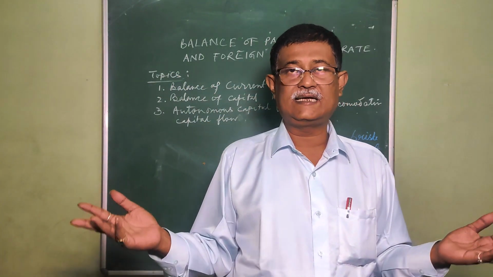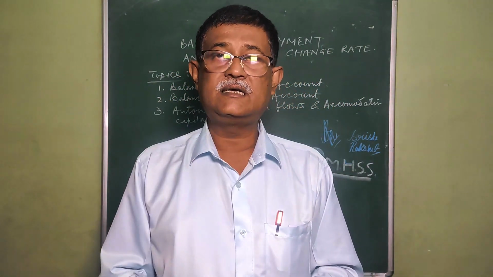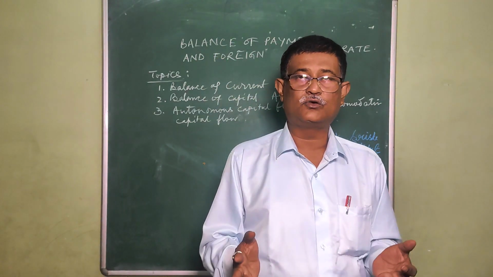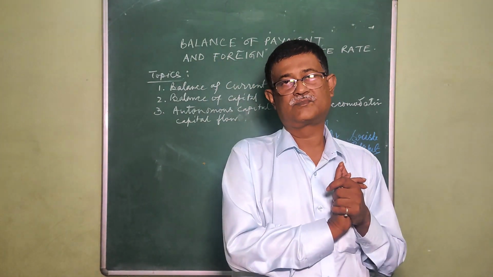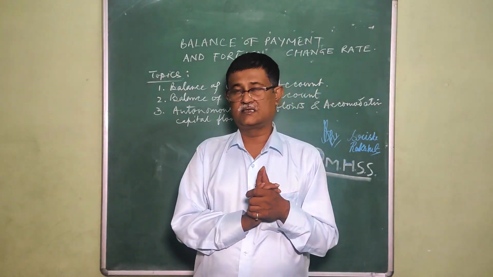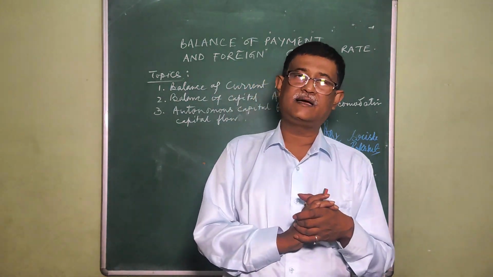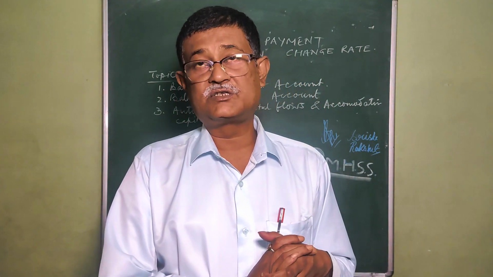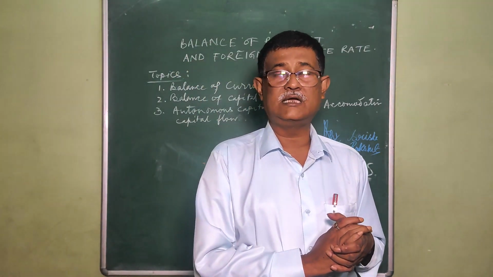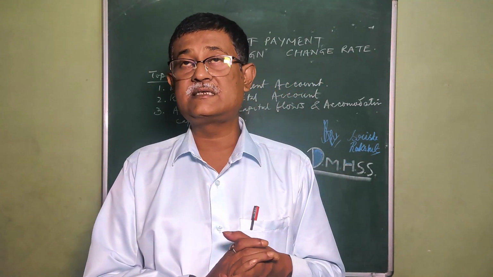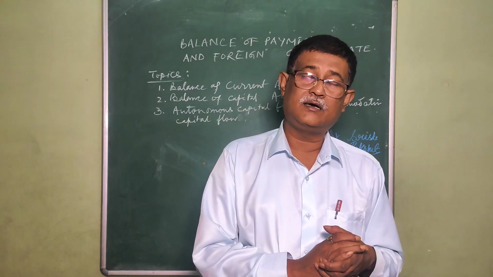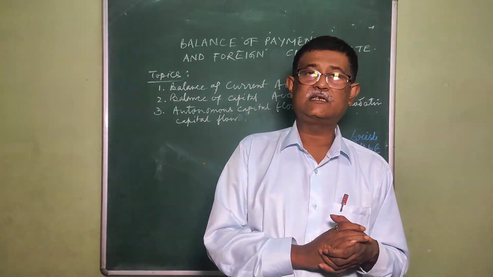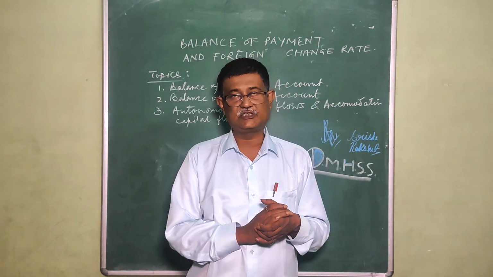And besides that, it can use monetary measures to control imports. In this situation, the central bank may increase the bank rates. It may sell government securities in the open market, or it may increase the cash reserve ratio.